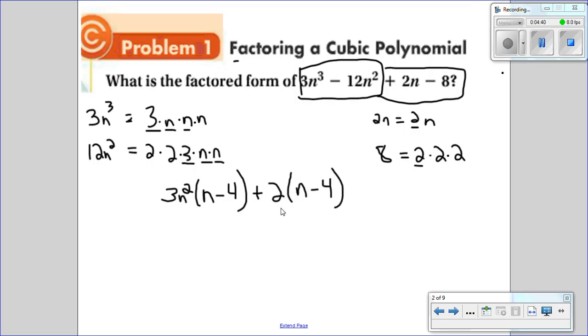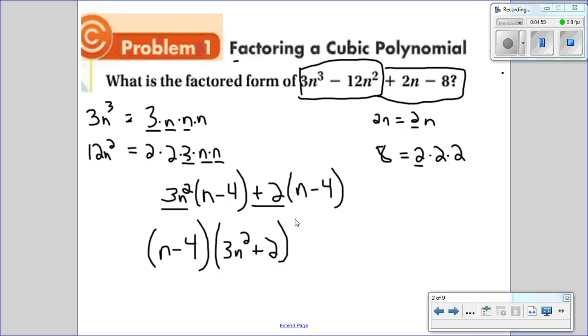If all goes right, we're going to have the same binomials, which we can then rewrite as n minus 4 times 3n squared plus 2. The 3n squared plus 2 comes from these remaining factors, and therefore that is it factored out. Now, usually this would be written in front because it has a higher degree, but it's not a mandatory thing.